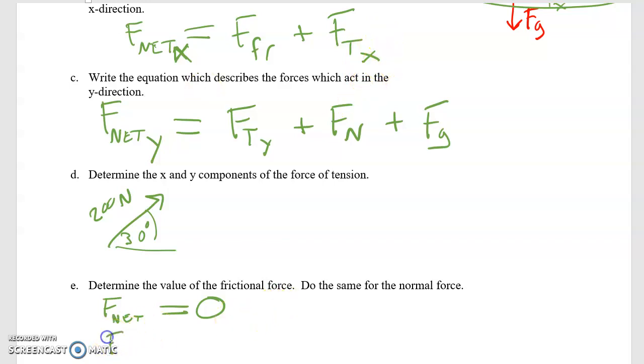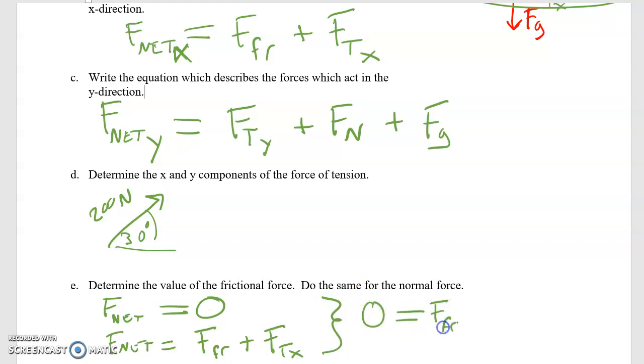We know that F net equals the frictional force plus the tension in the x direction. And because the net force equals 0, we can combine them and say that 0 equals F_fr plus F_T in the x direction.